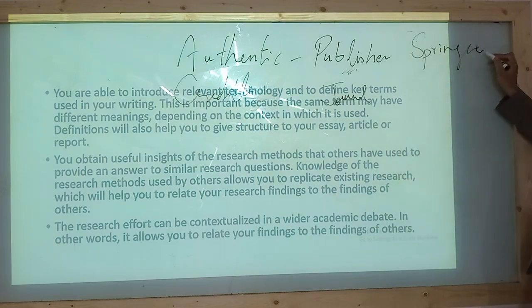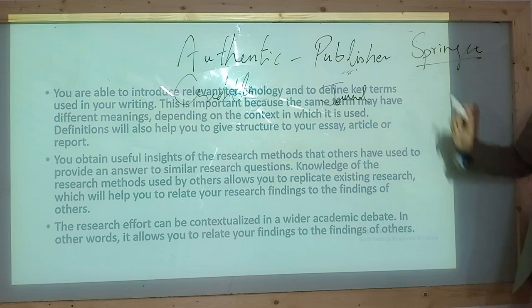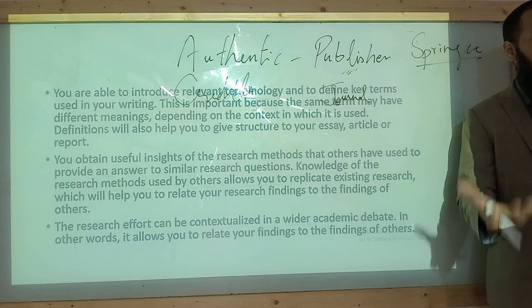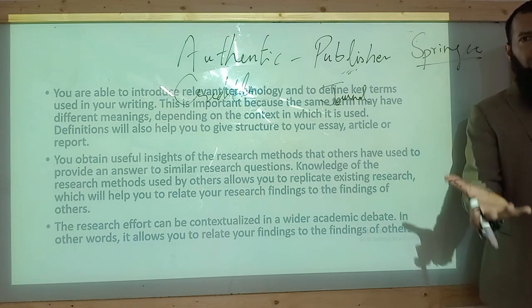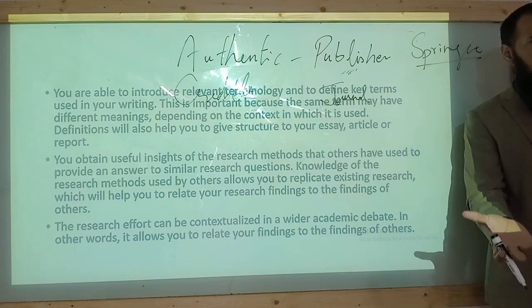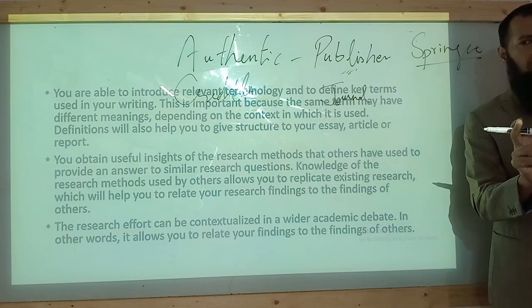So we need to see what journal we are talking about. For example, if you say my research paper is recently published, people would ask who is the publisher. You say Springer. Which journal? You need to say. A journal basically has a scope.